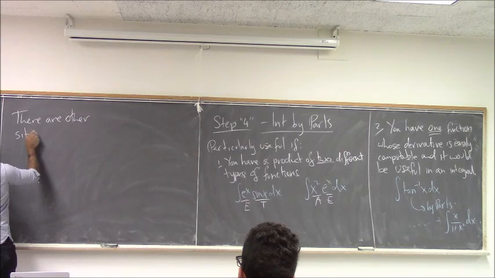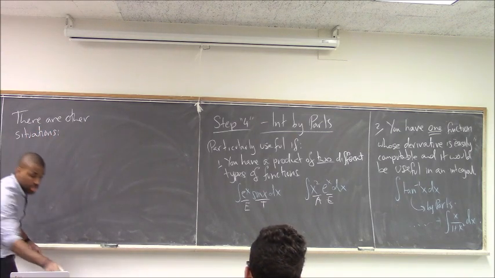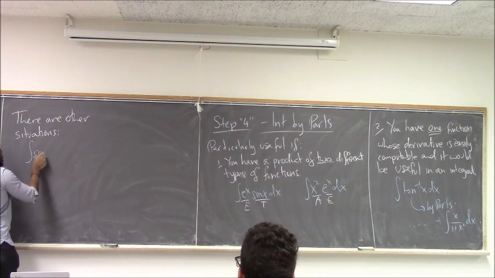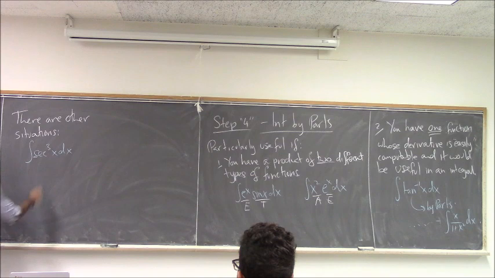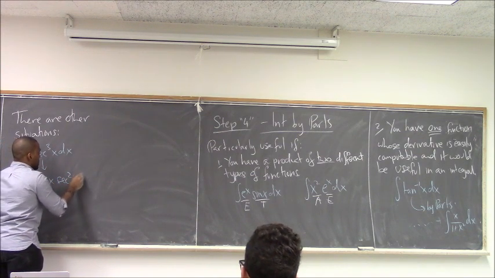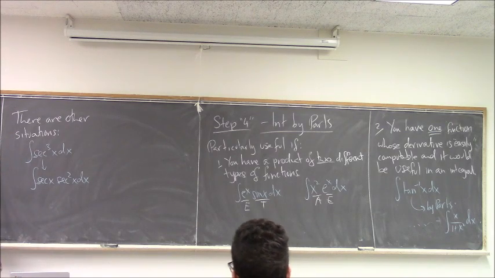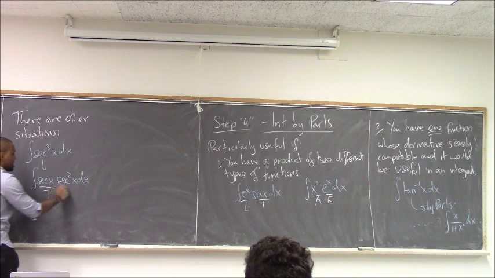There are other situations, and at this point it's kind of a toss-up. So, for example, we looked at the integral of secant cubed, which the standard way to do that integral would be integration by parts, where you'd actually break it up into this, where notice that it's not really two different types of functions. This is a t and a t.